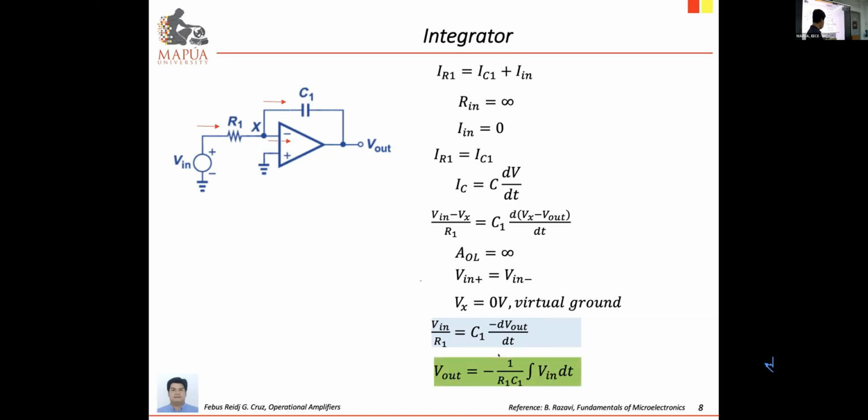So integrating both sides, then you can get Vout equal to, lipat na to sa kabila, no? 1 over negative R1C1 times the integral of Vin with respect to dt. Okay, so this expression proves that this structure provides integration, or ang tawag sa kanya, integrator circuit. Okay? So do not forget this. In some board exam, you have an easy question just asking what is the feedback element of integrating amplifier, and the answer is simply capacitor.